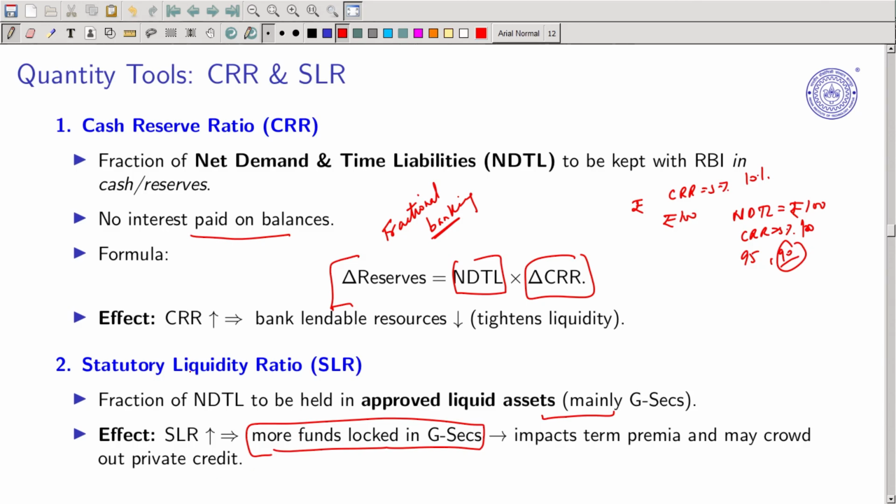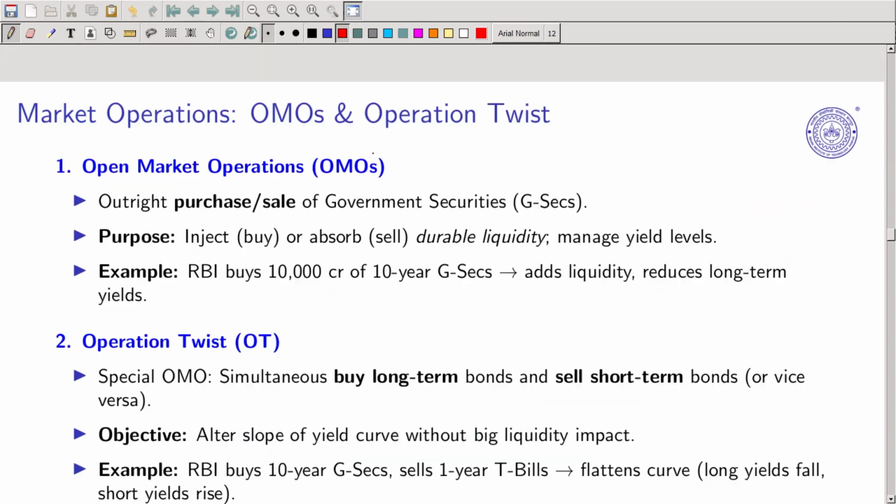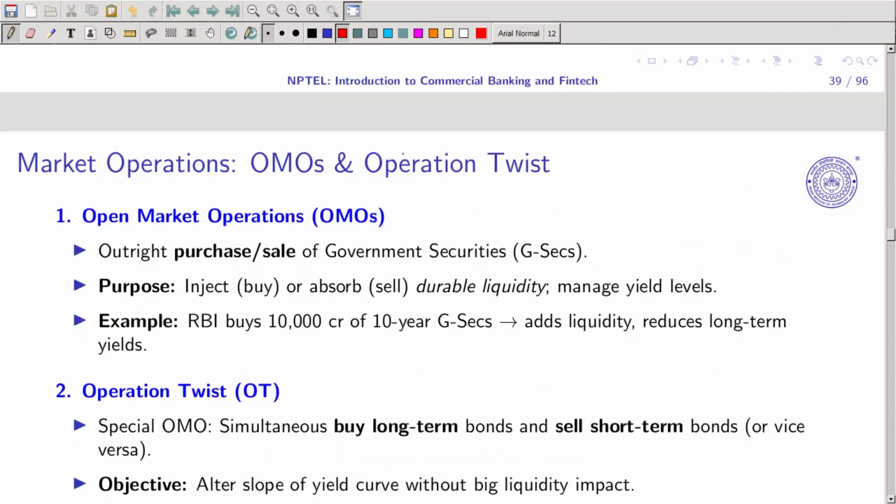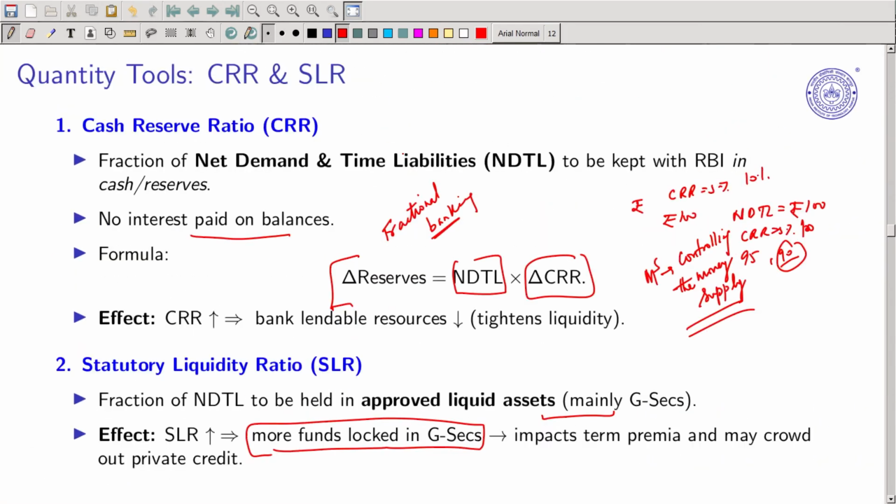But these are all money supply related tools. They all help RBI in controlling the money supply. This is what I want to say. So, OMO is another important aspect that we have.